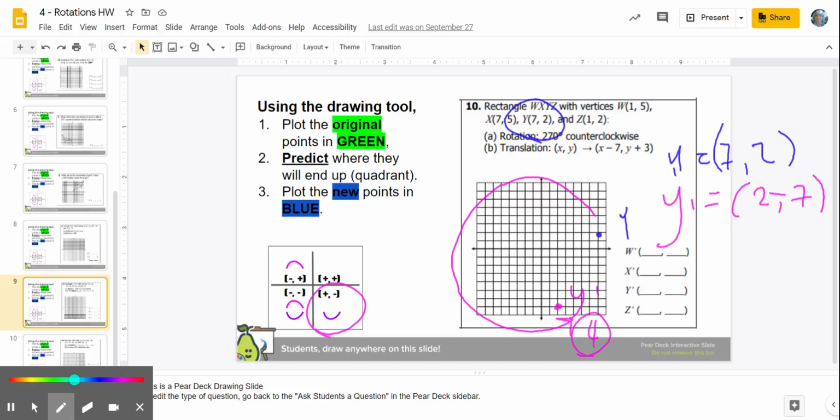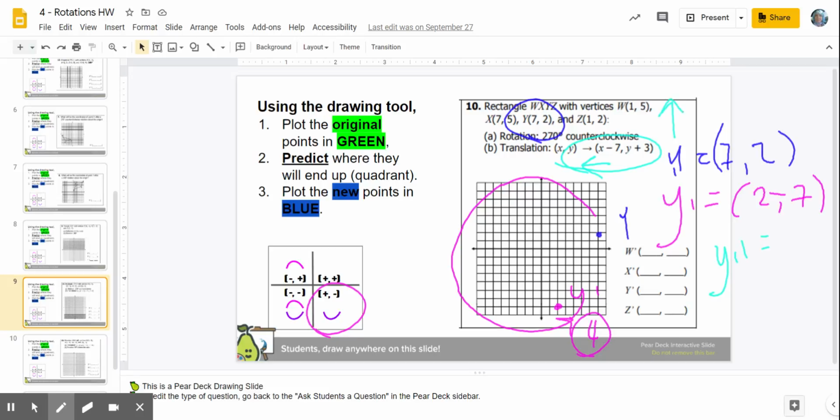Then I got to do one more thing. I don't know if we can see this light blue. How do I translate X -7 and Y +3? What is that telling me to do? What's the -7 part mean? Left, right, up, or down? Left. And then what's the Y +3 tell me to do? Up. Perfect.